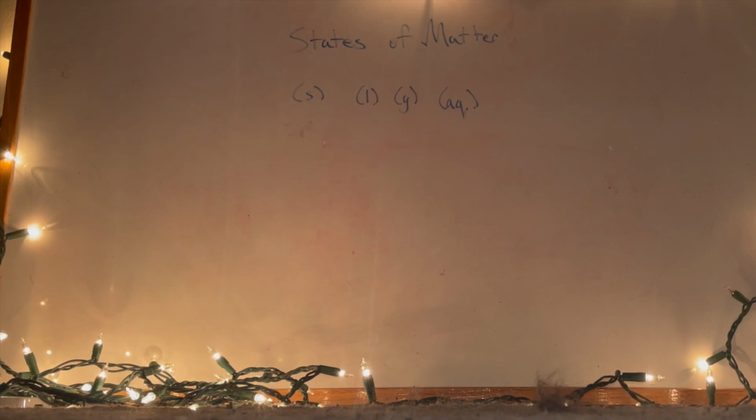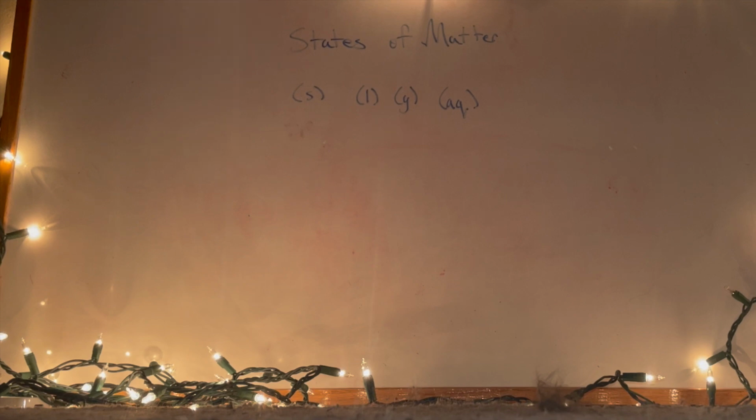So there's 4 main states of matter. There's first solid, and that's just anything that's naturally a solid, so something like a lot of metals, stuff like that. Then you have liquids. Think H2O, hydrogen peroxide, stuff like that. And then you have your gases. And gases are basically just any diatomic gases such as hydrogen, oxygen, things like that.